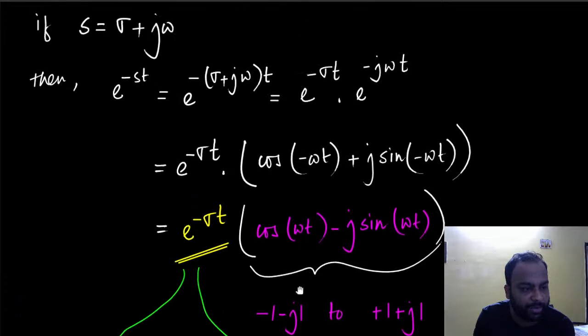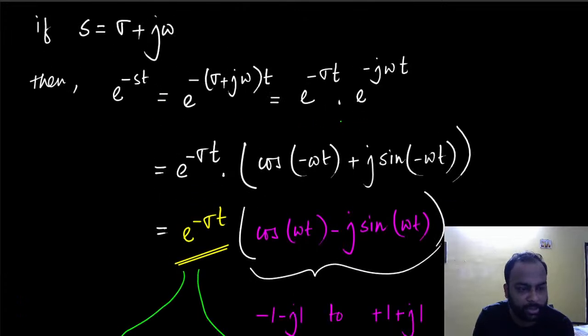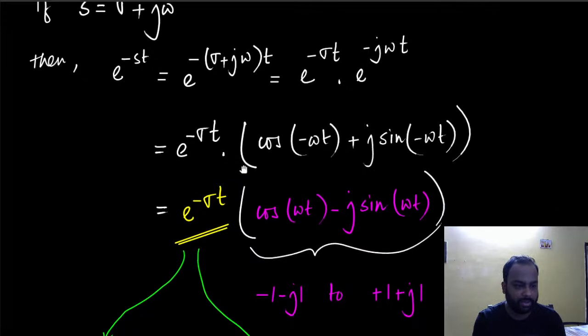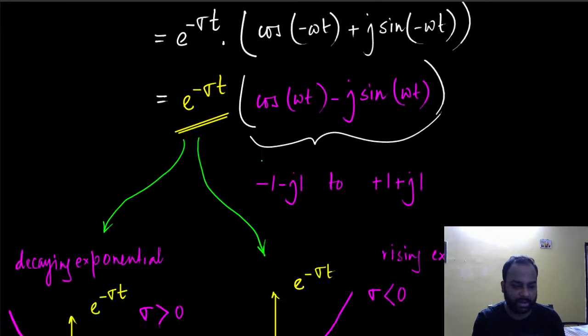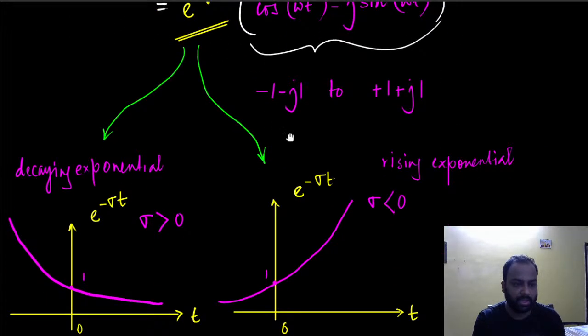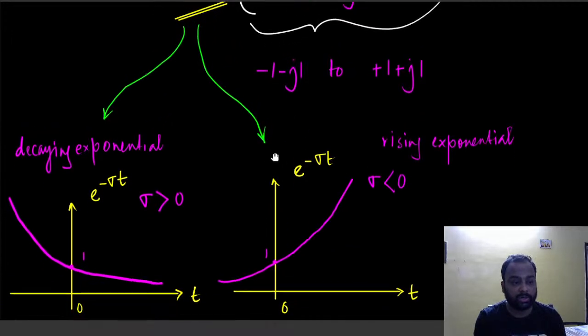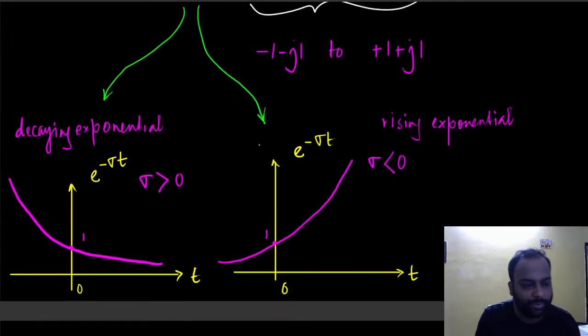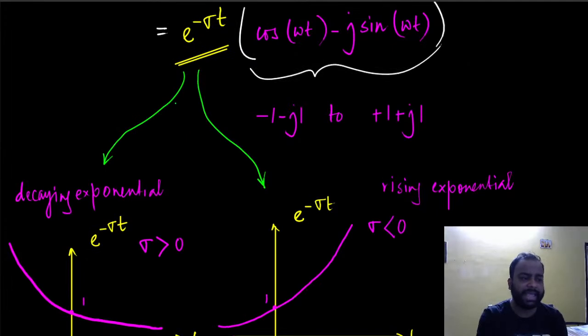Yeah, that is what we have done. We have split e to the power minus st using Euler's definition. In Euler's definition, it should be e to the power j theta that can be expanded this way. It has a real part, we just split the real part like that. So now what we essentially have is an exponentially rising or decaying factor multiplied with this portion of the signal.